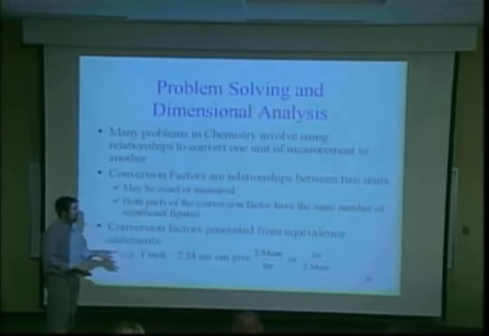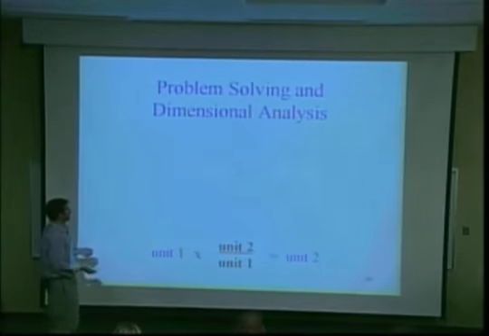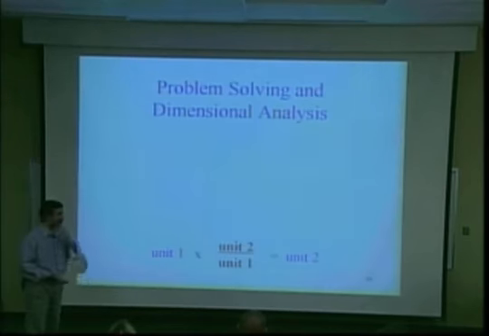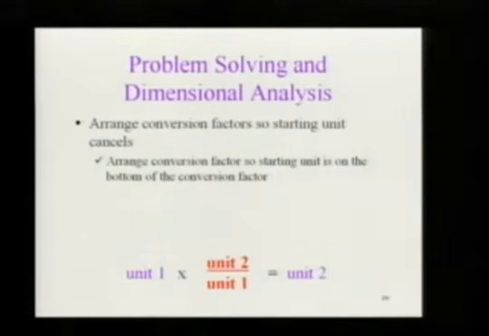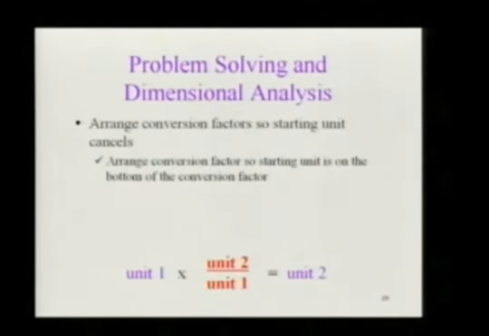How you choose to write it depends upon what you're solving for. Okay? How are you going to set this stuff up? What you want to do is, like for example, if I say, here's your distance in kilometers. Tell me how far that is in miles. You're going to start with the original distance that I gave you. Then you're going to multiply by some conversion factor, some relationship between miles and kilometers. When you do that, you're going to get the answer. Now notice how this is set up.